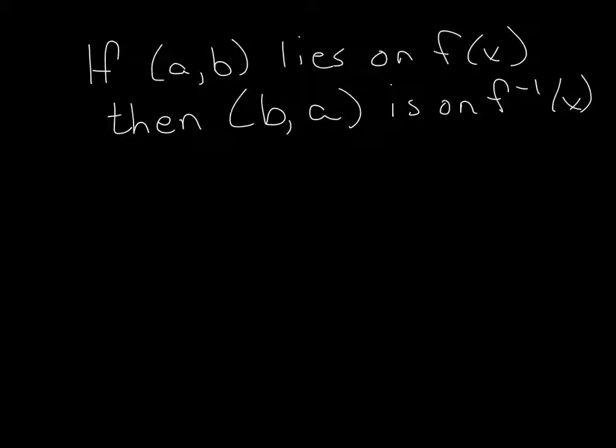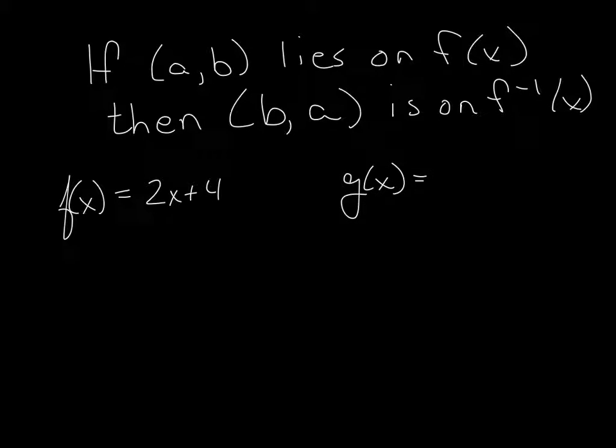So a lot of times if you graph your function and you're asked to graph the inverse, sometimes the original function's pretty easy to graph, but maybe you don't know how to graph the inverse. If you find some points on the original function, you can graph the inverse simply by switching the x and the y values. For instance, we just said that f of x equals 2x plus 4, and g of x equals 1/2 x minus 2.